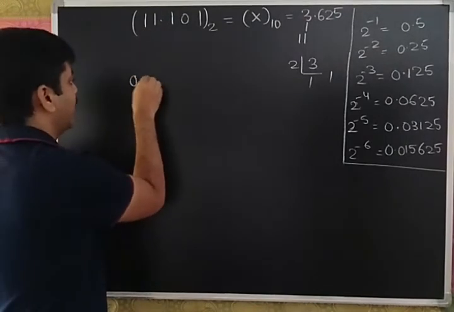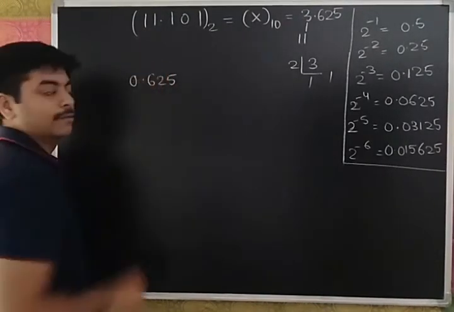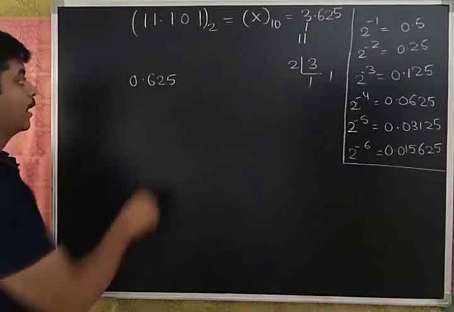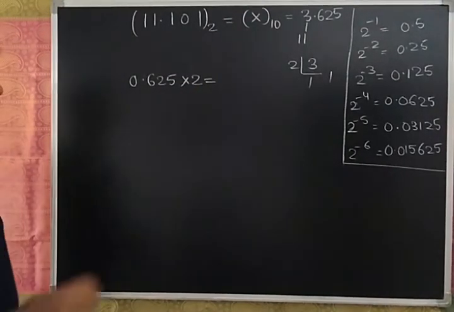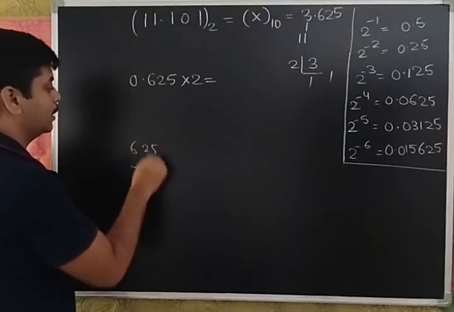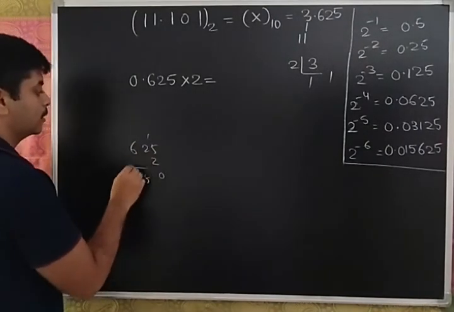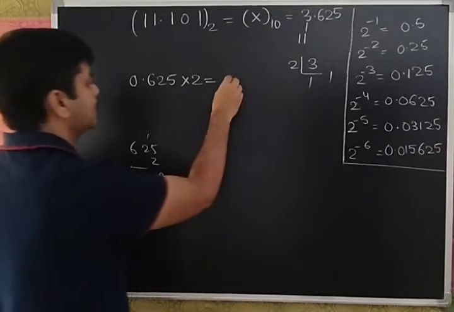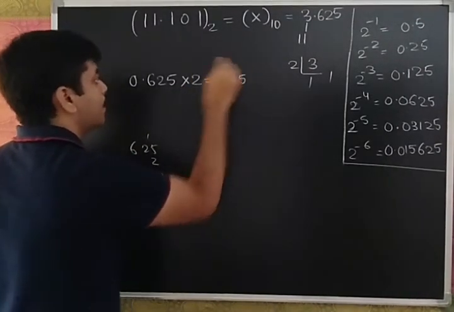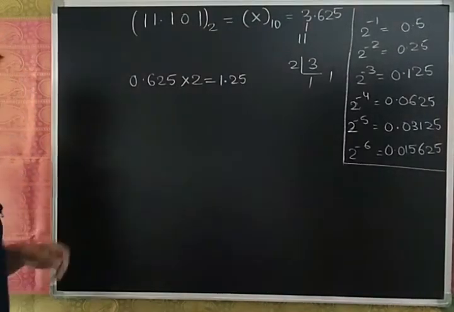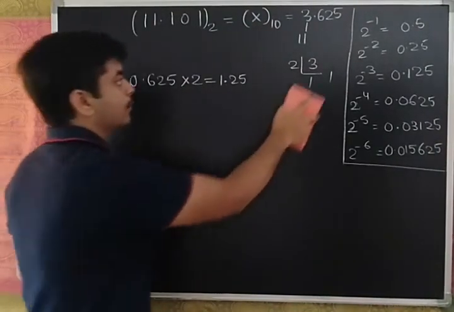Now come to the fractional part, 0.625. 0.625 into 2. What is that? 5 2s are 10, 2 2s are 4, 5, 6 2s are 12, so it is 1.25. 0.625 into 2 is 1.25.